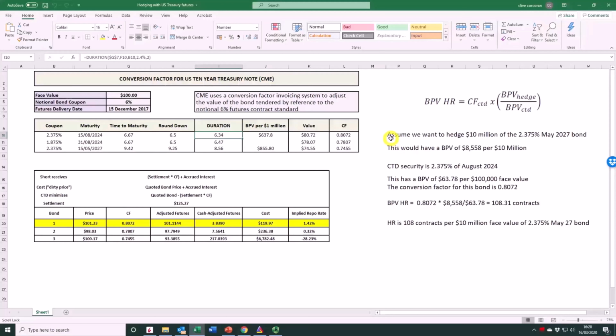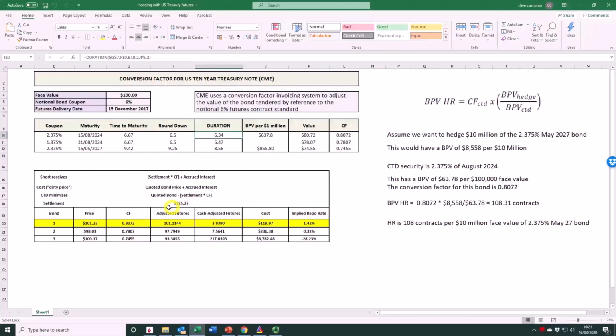One important stepping stone to this is to calculate what is known as the cheapest to deliver bond, and that takes into account all the various bonds that are available and eligible for delivery. I've already covered that earlier. And to find out which one has the lowest basis, or in other words, the highest implied repo rate.